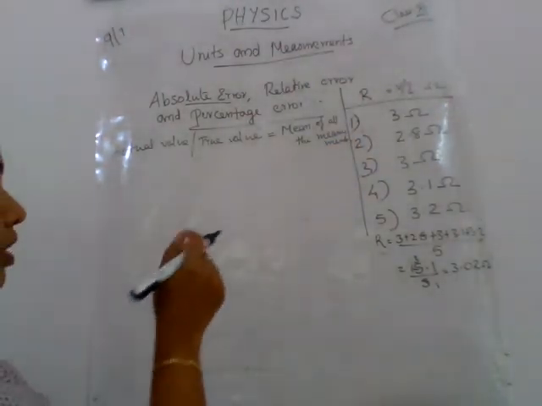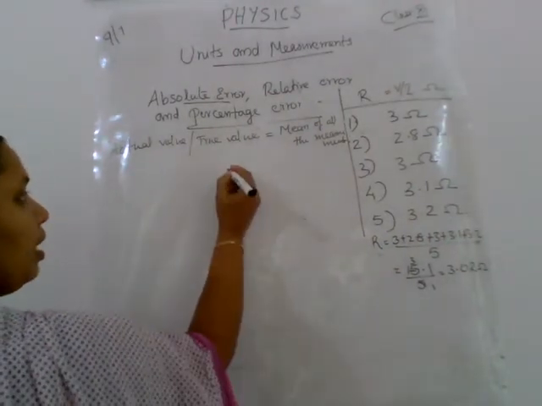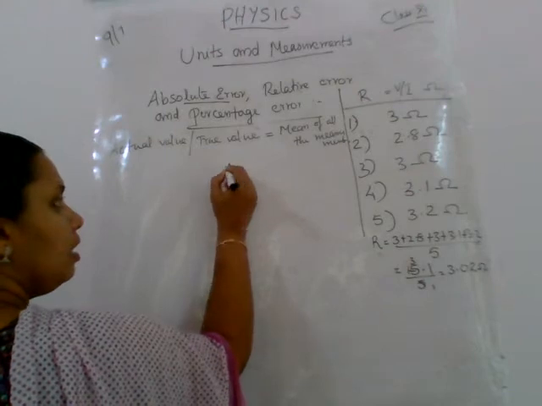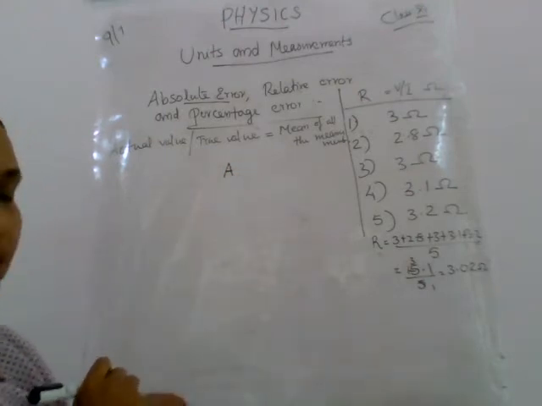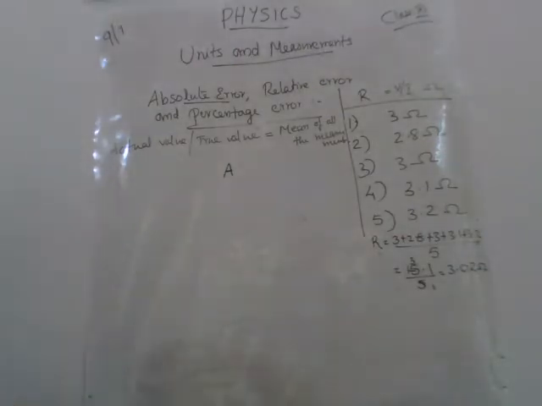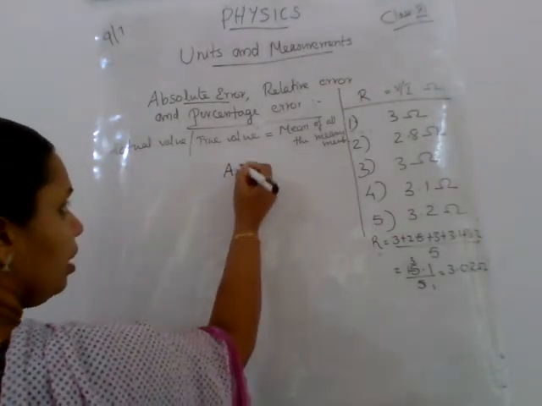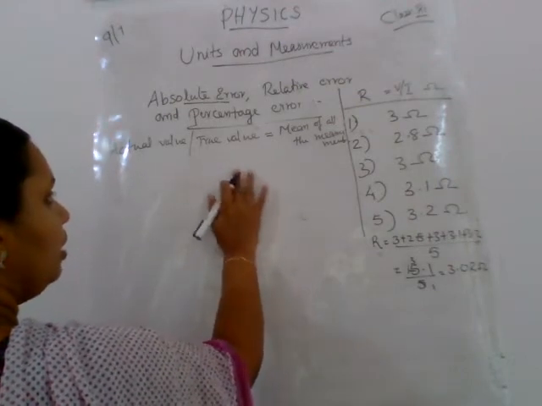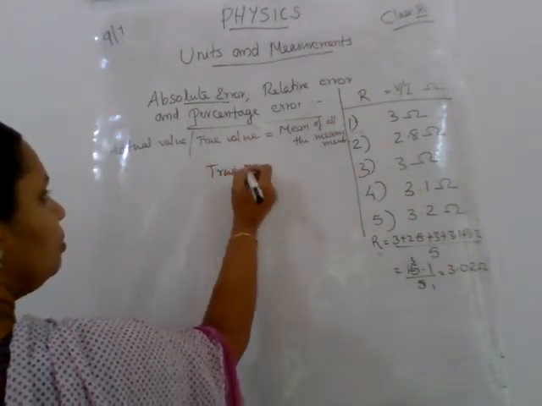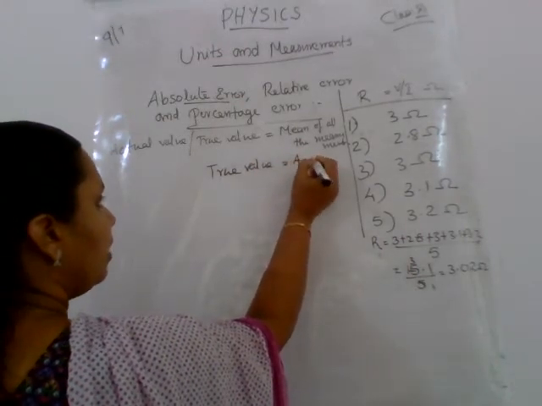So in general, from this we are generalizing. If A is the measured quantity or a physical quantity, then true value is equal to A average.